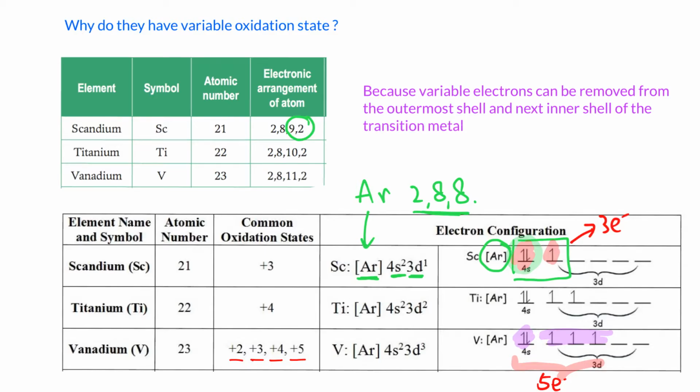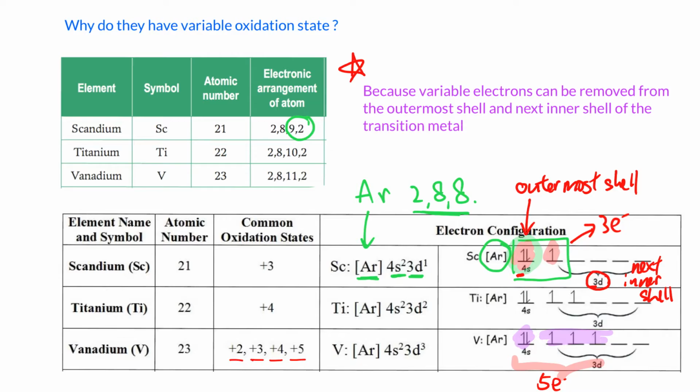But actually, it is not that simple because you still have other concepts like half-filled, full-filled, and things like that. But basically, you can see that the electrons can be removed from the outermost shell and also the next inner shell. This one is the 4s, this one is the 3d. We call this one the outermost shell, and this one the next inner shell. What you need to explain at DSE level is just this.